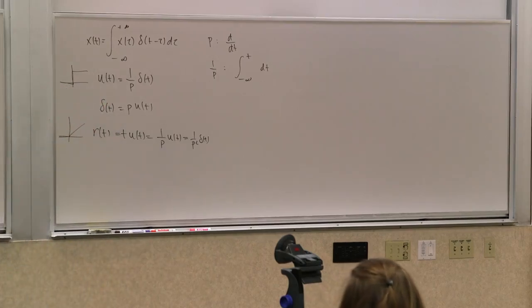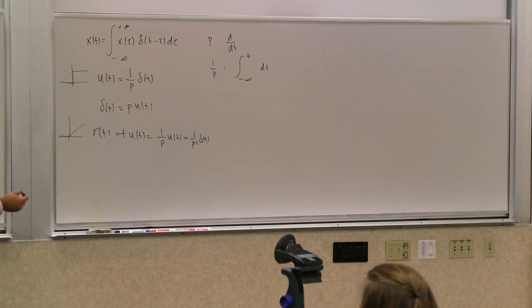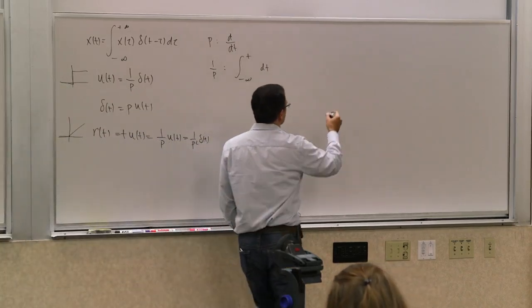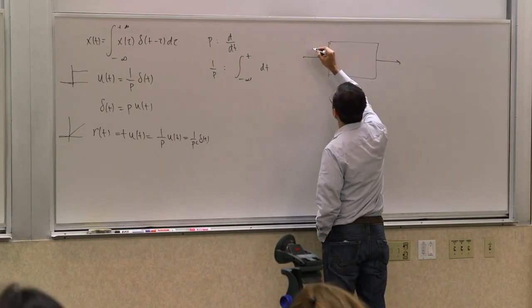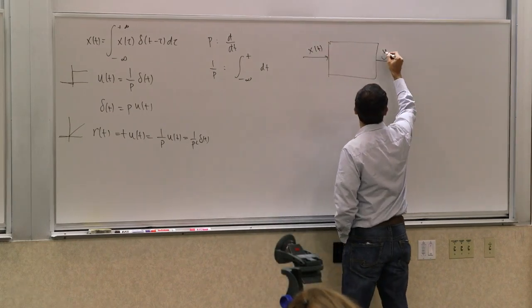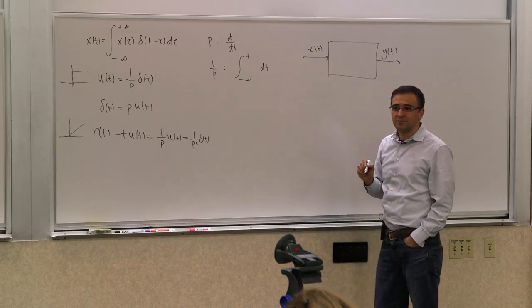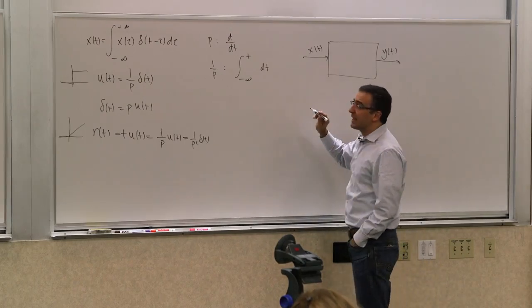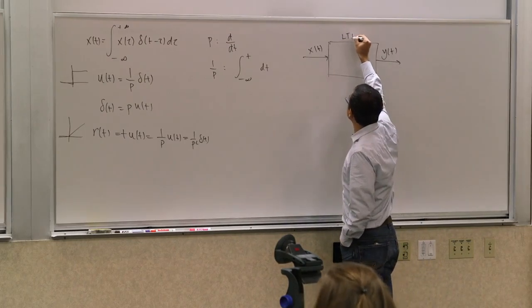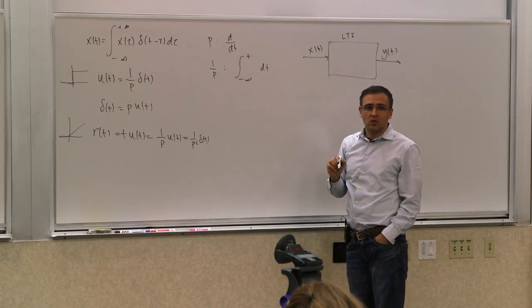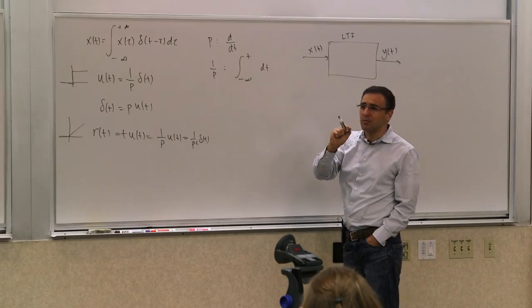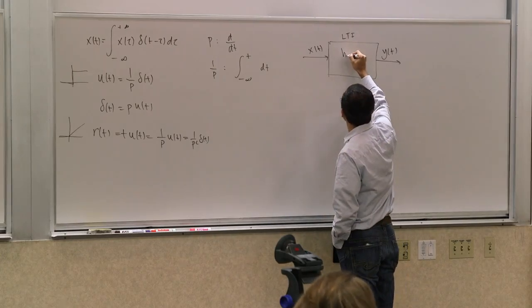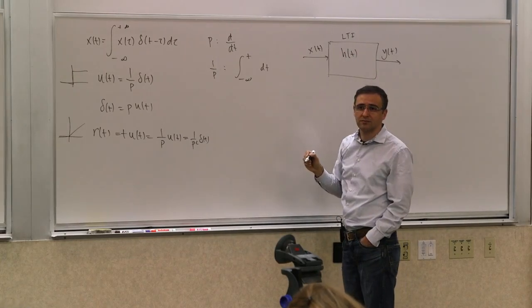Now, one of the most important results that we got in this course, and one of the key results really, was that if you have a system with an input x of t and an output y of t, and if this system were an LTI system, you could assess and determine its properties completely by knowing its impulse response, h of t.